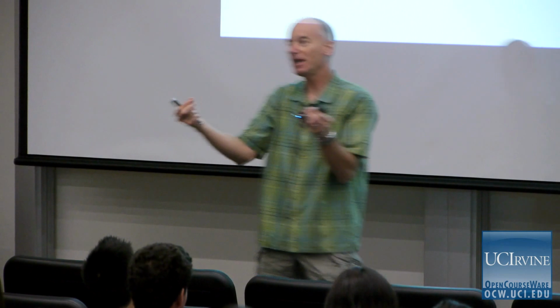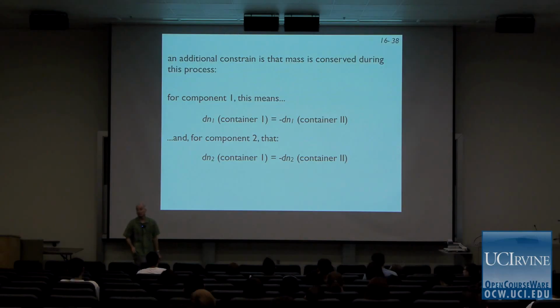And so there's a mathematical relationship between dN1 in bulb 1 and dN1 in bulb 2, right? They have to be related through this equation right here. So for component 1, dN1 equals minus dN1. For component 2, dN2 equals minus dN2. I mean, it's intuitively obvious that that would have to be true.